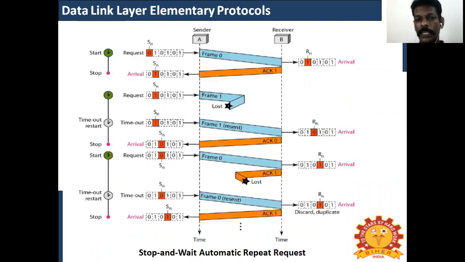Here we can send n number of frames at a time, but I need to receive the acknowledgement for each and every frame from the source machine to the destination machine in the case of the stop and wait elementary protocol.